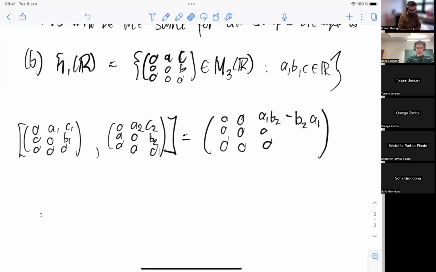And notice that the C's did not contribute at all when we did this bracket.